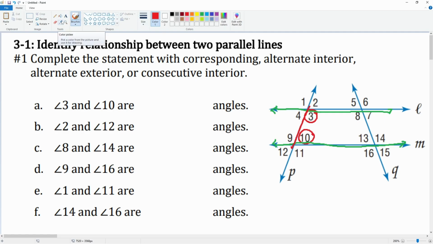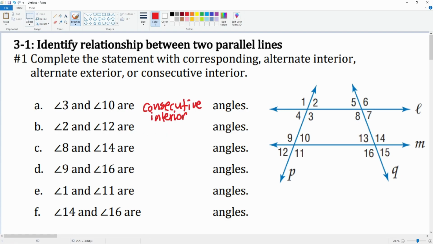So this one would therefore be considered your consecutive interior. There you go, because it's both on the inside and on the same side of the transversal.